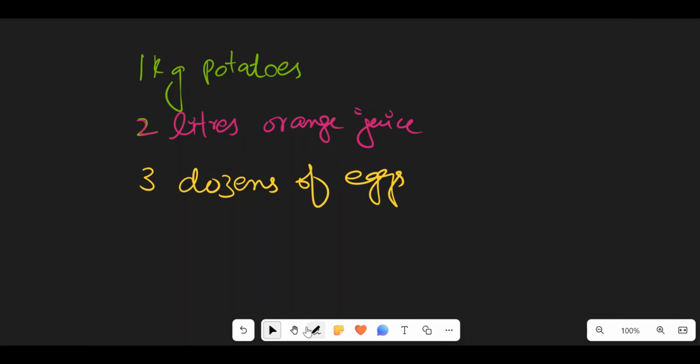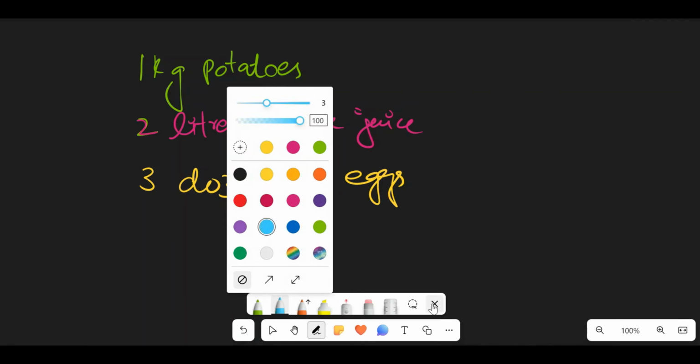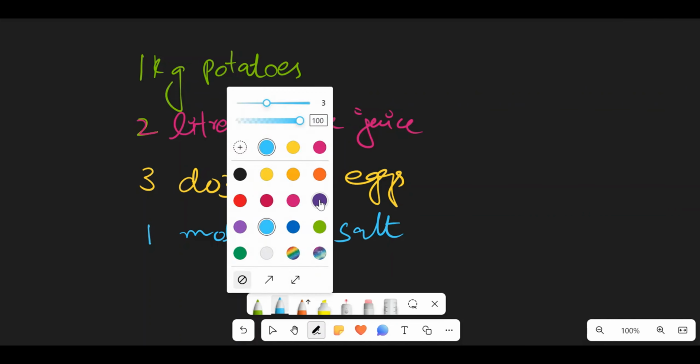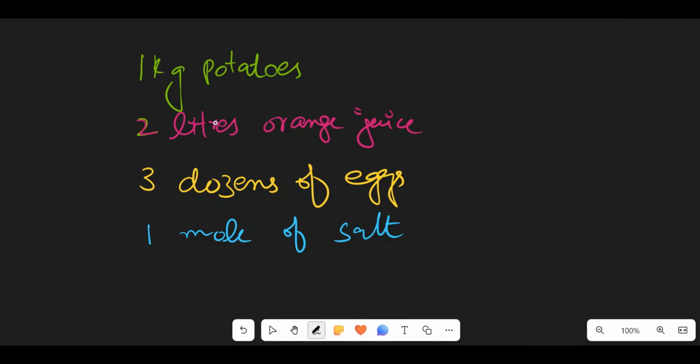Probably you would be getting these things in a few minutes, but in the end you say you want 1 mole of salt. Now what is this? What are these things all about?